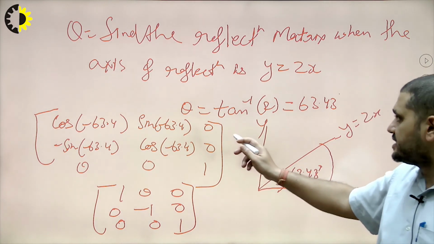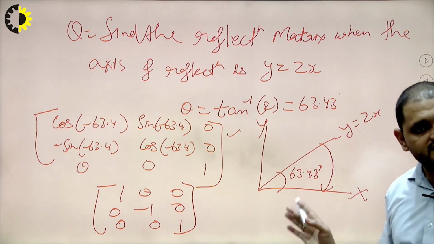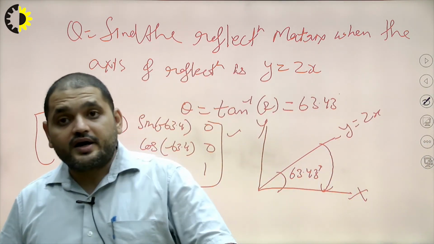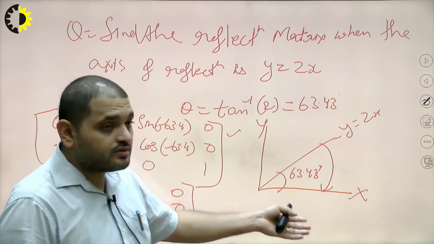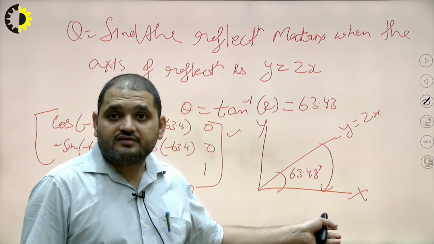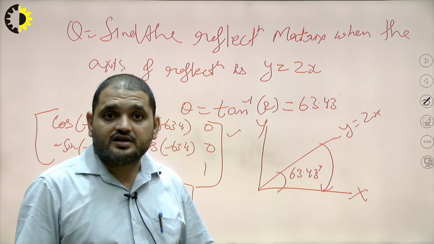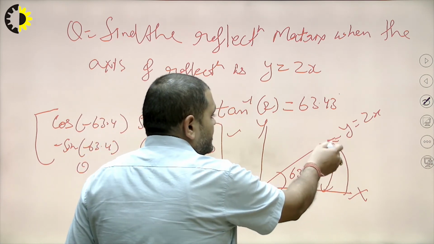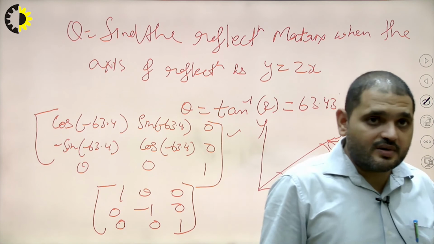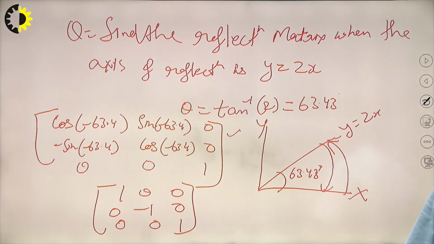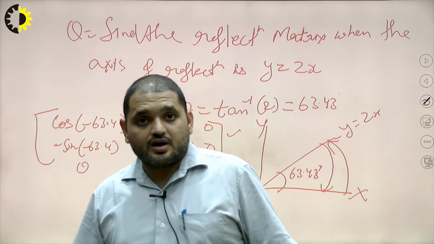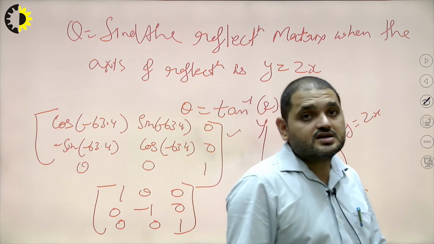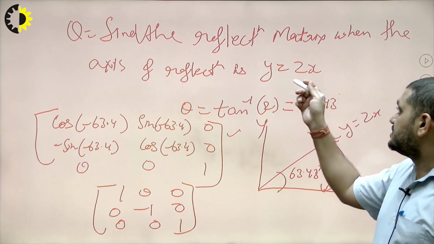First we do the rotation so that we can align this line along the x-axis, then we do the reflection about the x-axis. Now we have moved this line to align it with the x-axis, but we want the original position of the line, so we rotate it back by the same angle in the anti-clockwise direction. After multiplying all these matrices, we get the transformation matrix for the reflection about the line y equals to 2x.